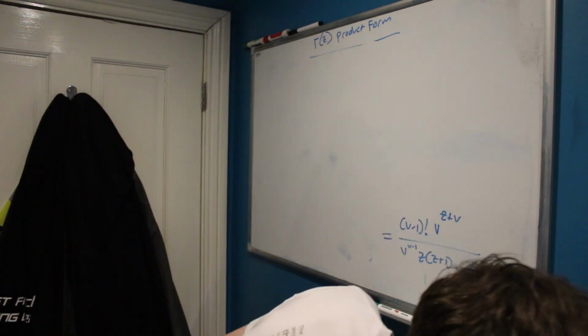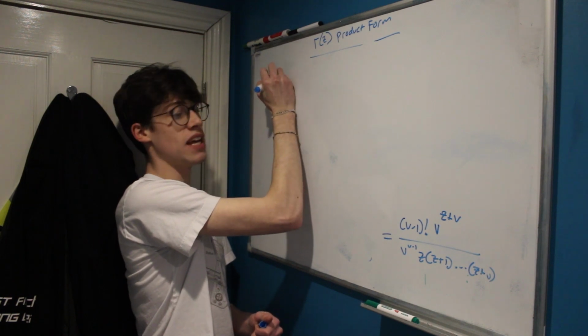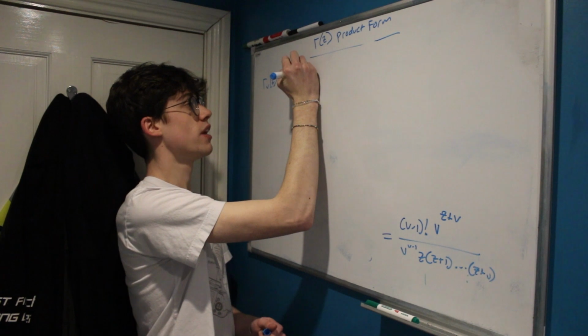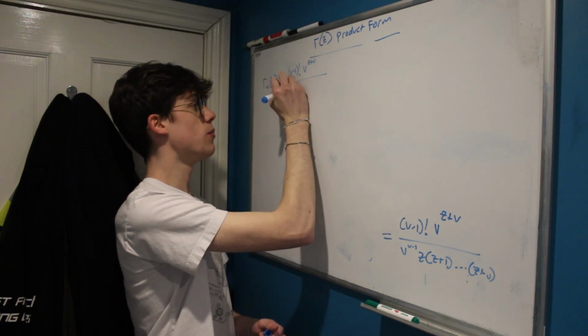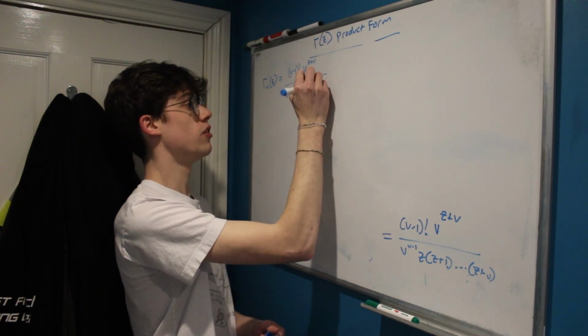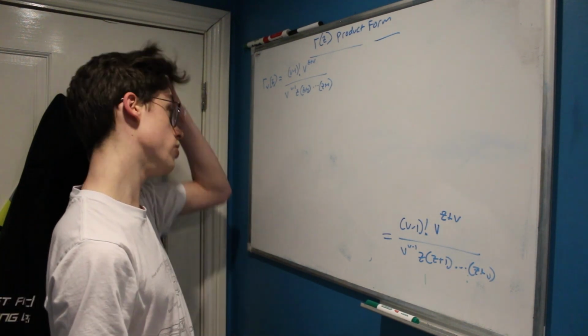So what we've just said is that gamma v of z is equal to v minus 1 factorial times v to the z plus v over v to the v minus 1 times z plus 1 all the way up to z plus v. And there's a little bit of nice simplification that we can do here.